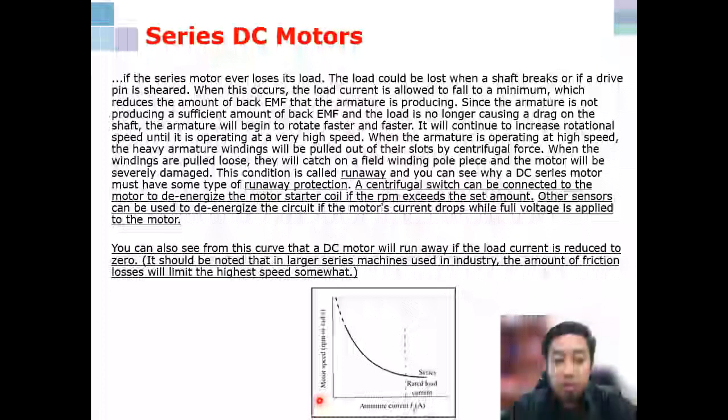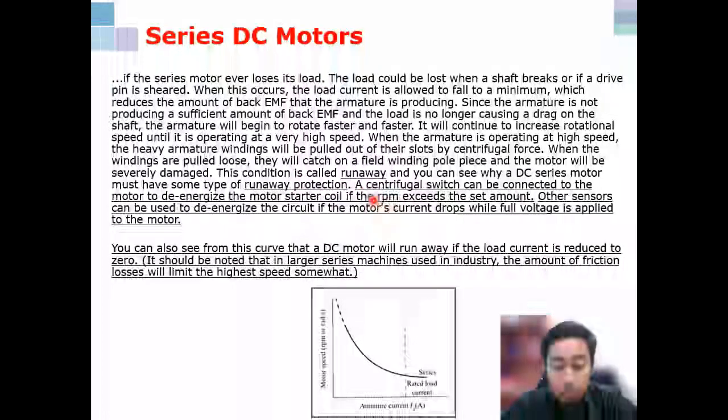If you remember what I said before, when the series motor is at no load, the motor runs very fast. So once the load is lost, or the drive pin is sheared, the motor will run very fast. That's why, if you see this sentence, the condition is called a runaway.